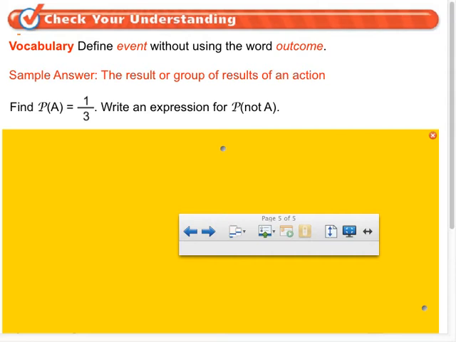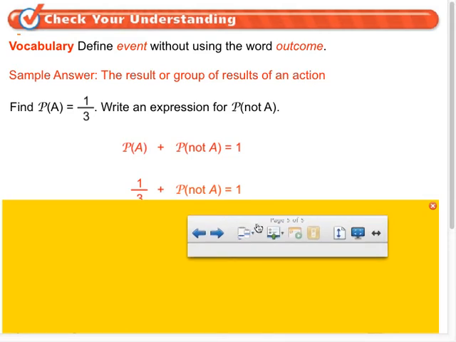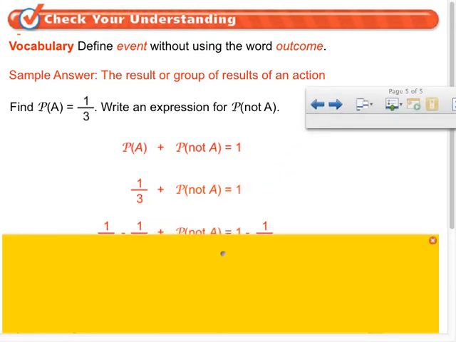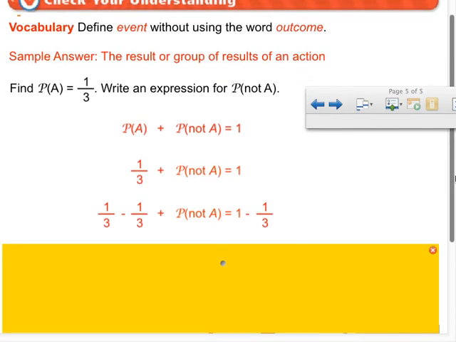2/3. Do you guys agree? Yes. And here's the expression. I'm solving the equation. So probability A plus probability of the complement, or probability of not A, equals 1. So we know probability A is 1/3. We don't know what this is. You were able to solve it mentally, okay?